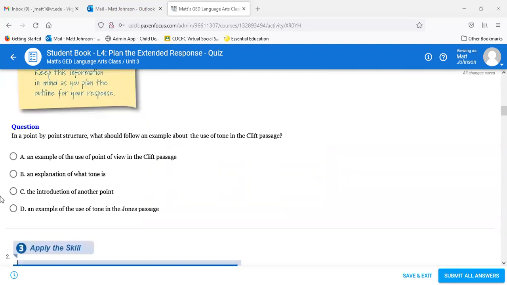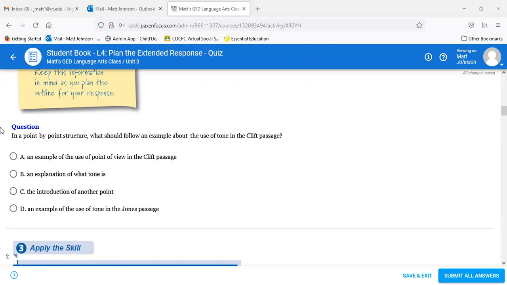So our first little question here. Grace, you want to read question 1 there and answer it for us? Okay. In a point-by-point structure, what should follow an example about the use of tone in the Cliff passage?